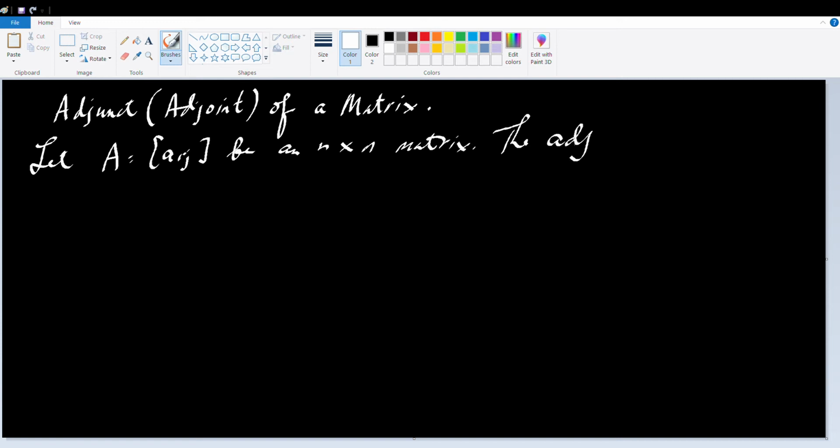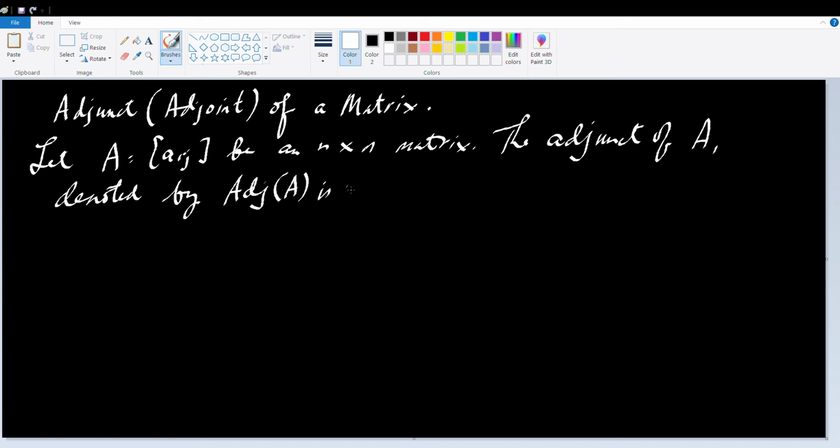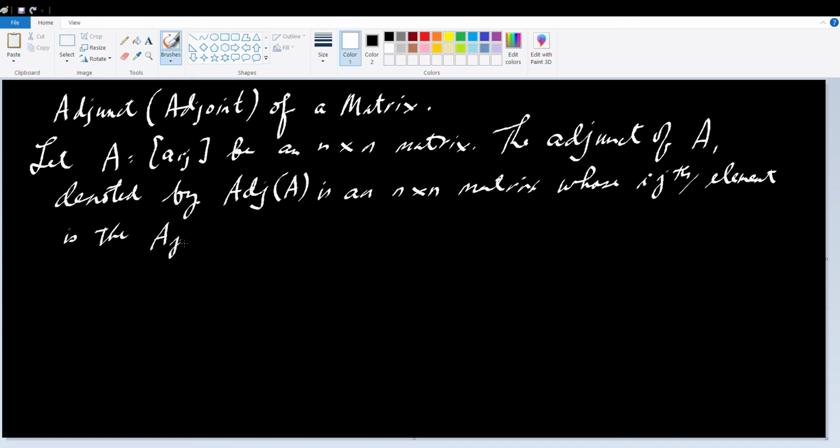The adjunct of A, denoted by Adj of A, is an n by n matrix whose ijth element is the A_ji cofactor of A.